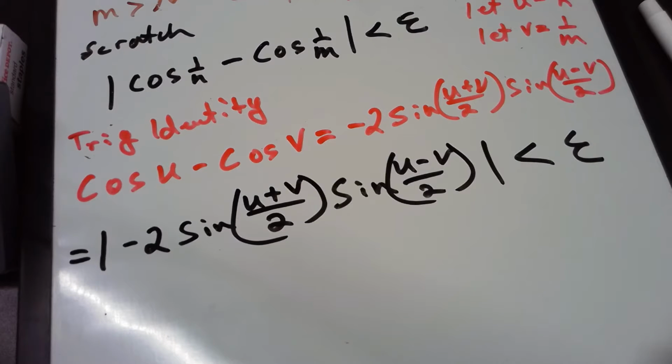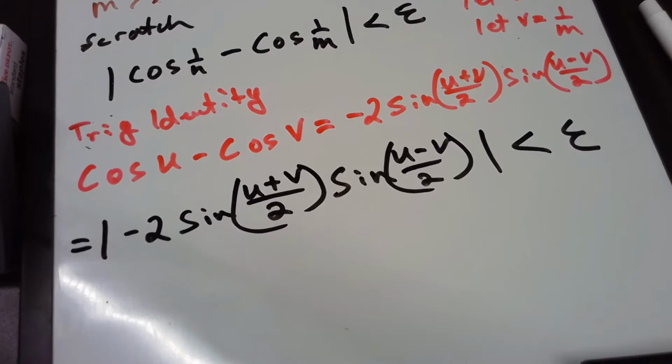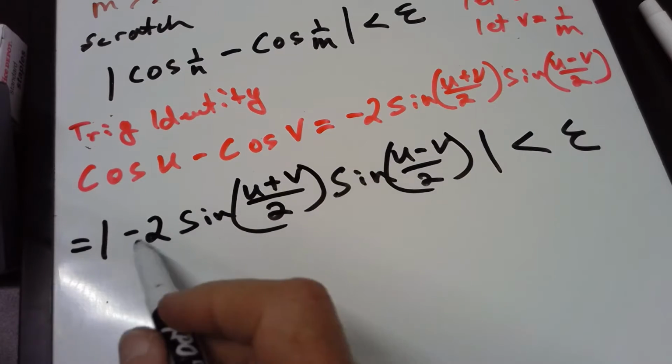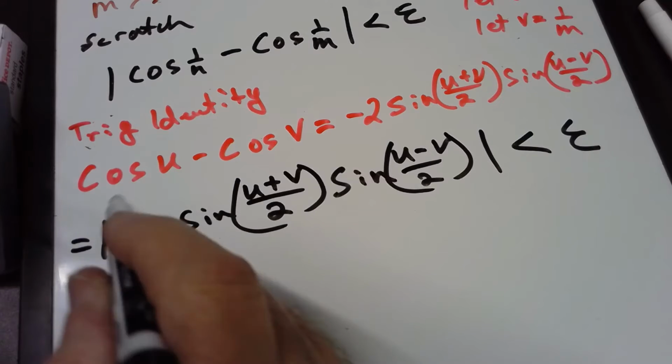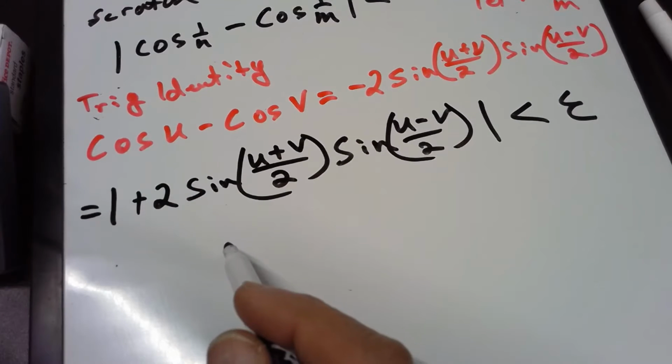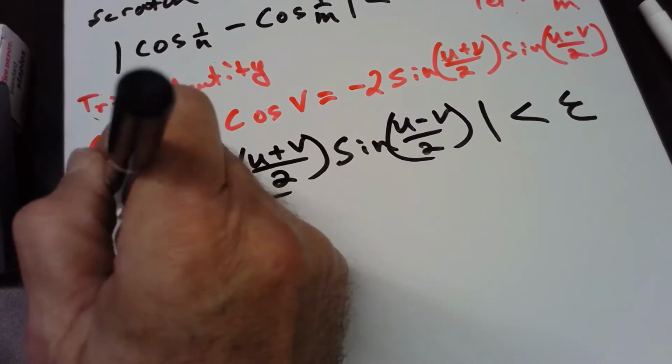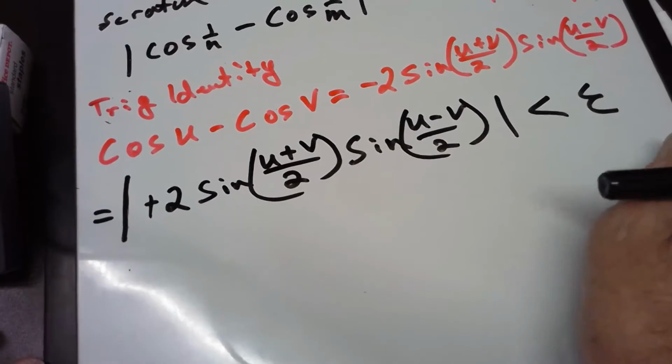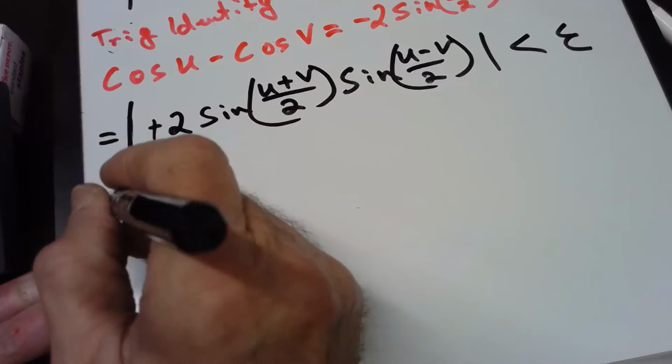Alright, so from here we can say, this is absolute value, so that negative goes away, and we can move that 2 outside.